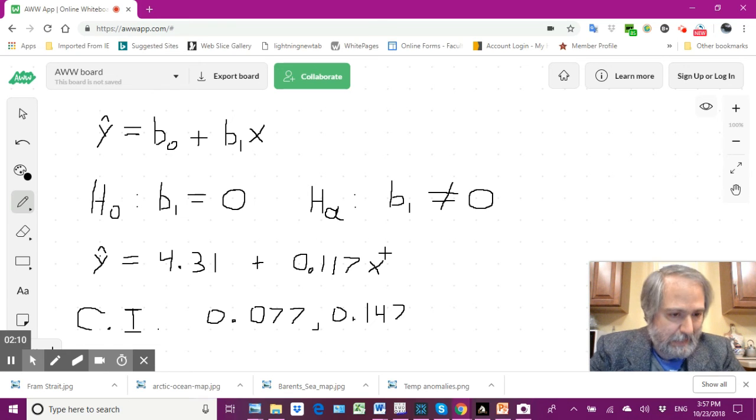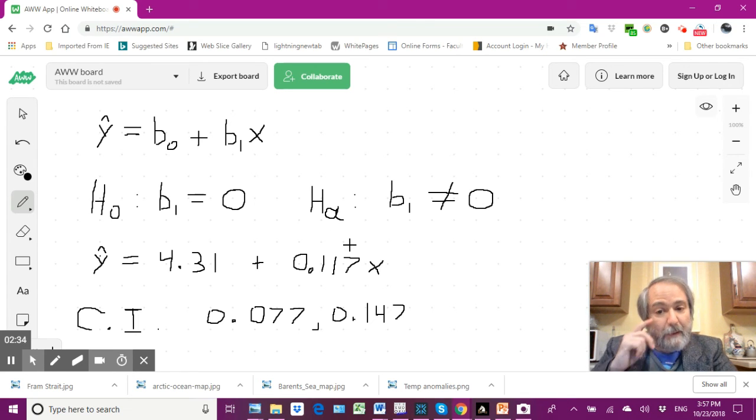An important test is to see, is this slope of the line significant? In other words, is the independent variable useful in helping to estimate the response? So we have a way of testing that.